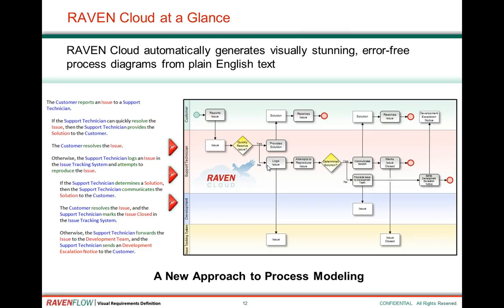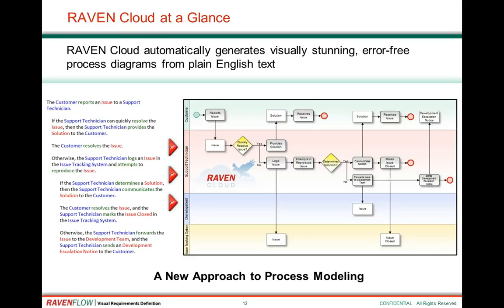So without further ado, I'm just going to get into the Raven Cloud demo. This gives you a visual depiction of what it is all about, and the ability to go from a textual description of a business process, a work procedure, or a use case activity flow, and take those words and turn them into a diagram like what you see here.